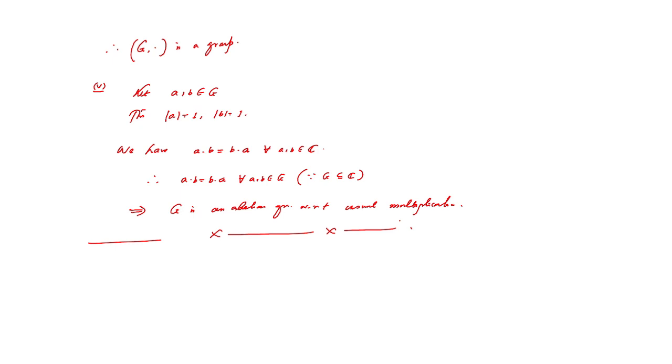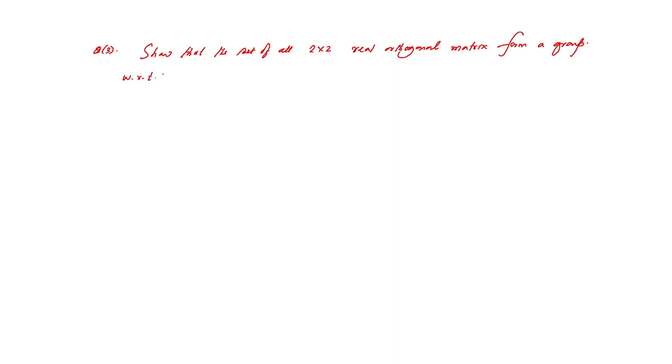Now we come to the next important question. Question number 3. Show that the set of all 2 cross 2 real orthogonal matrices forms a group with respect to matrix multiplication.